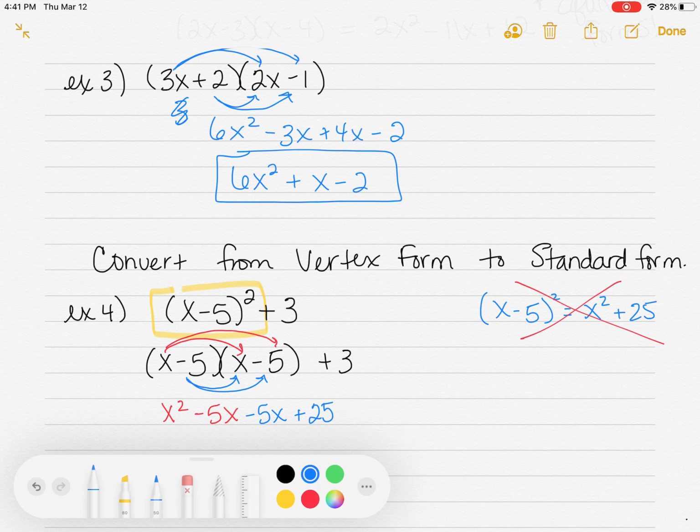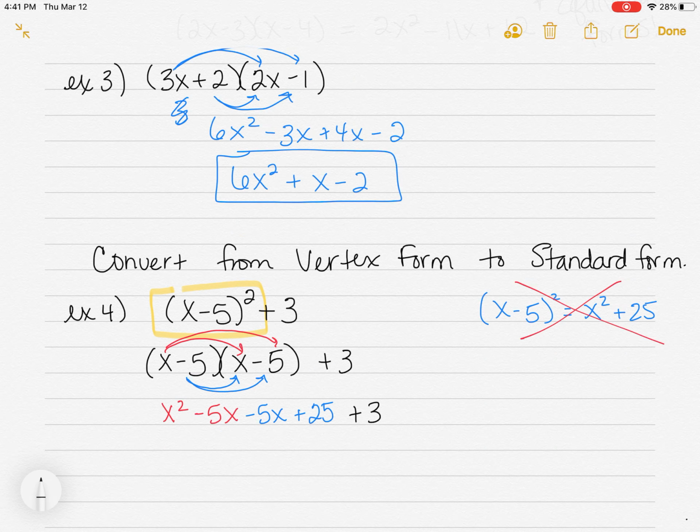Okay, and then don't forget that plus 3 that's down on the end. Okay. So combining like terms, I get x squared minus 5 and minus 5 is minus 10, so minus 10x. And then 25 and 3 is 28. So x squared minus 10x plus 28.